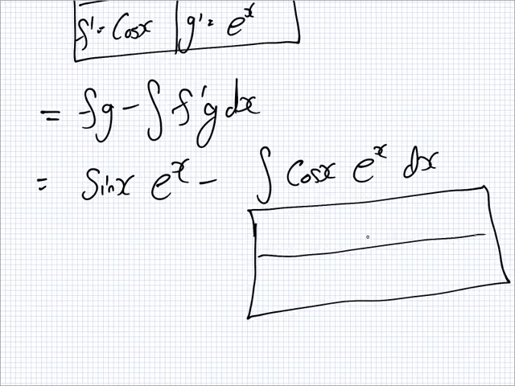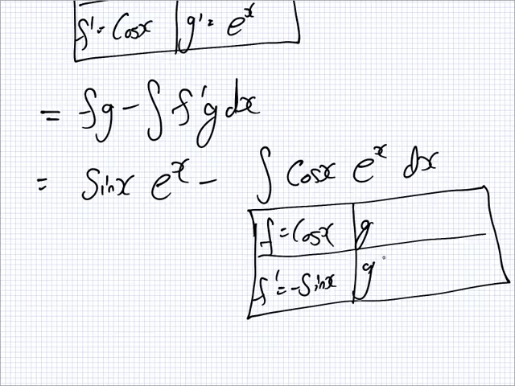So one more time: f, f derivative, g and g derivative. f is cos x, its derivative is minus sin x. g is e^x, its derivative is e^x. And vice versa.